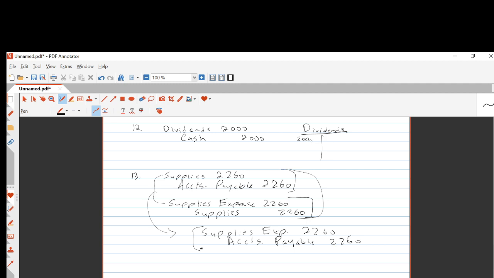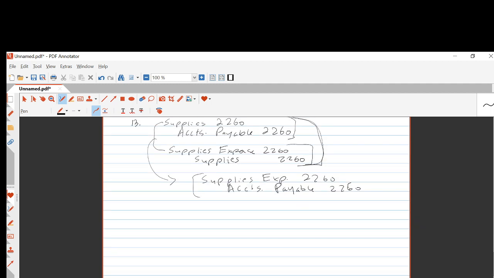We'll see, though, in Chapter 3, we'll do it from this perspective, where these two things happen at different moments in time, which matches reality for most companies. So what they want, though, for this particular problem is this journal entry right here.